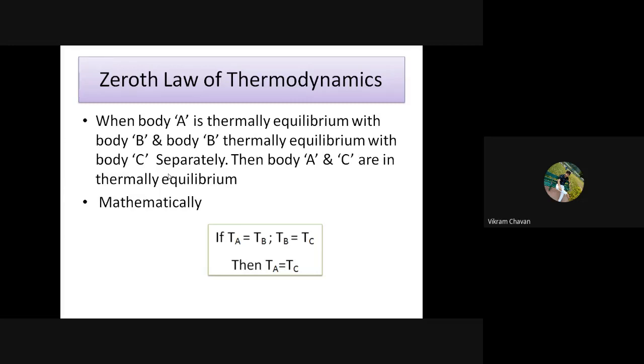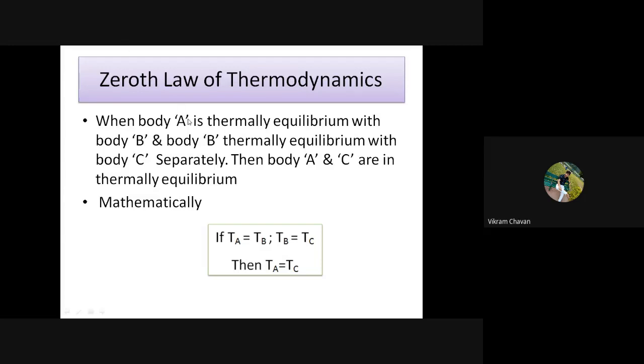When body A is in thermal equilibrium with body B and body B is in thermal equilibrium with body C separately, then we can say that body A and body C are in thermal equilibrium. Mathematically, if you want to represent this statement, then if the temperature of body A is equal to the temperature of body B, and separately the temperature of body B is equal to the temperature of body C, then the temperature of body A is equal to the temperature of body C. Logical thinking.